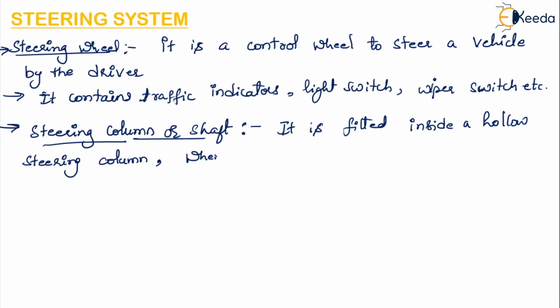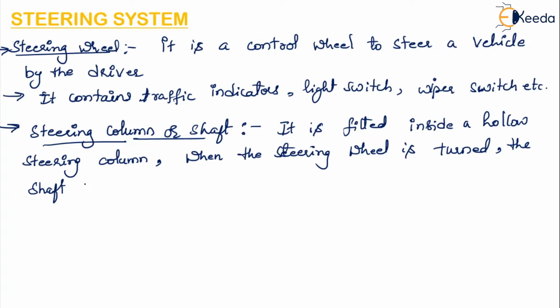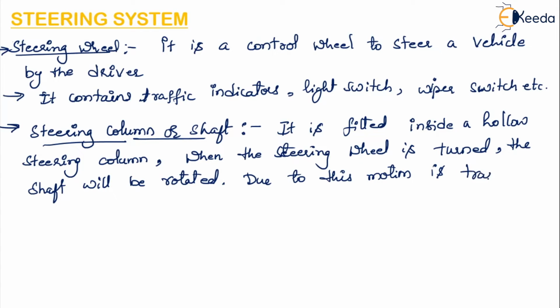When the steering wheel is turned, the shaft will be rotated. Due to this, motion is transmitted to the steering box.